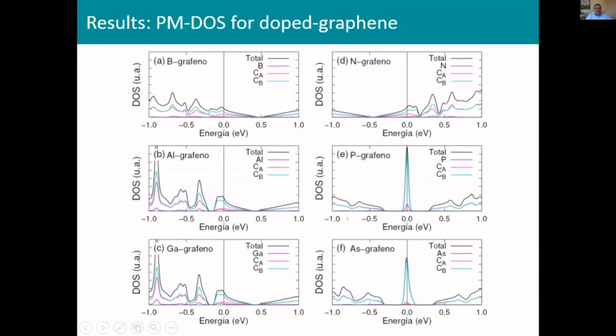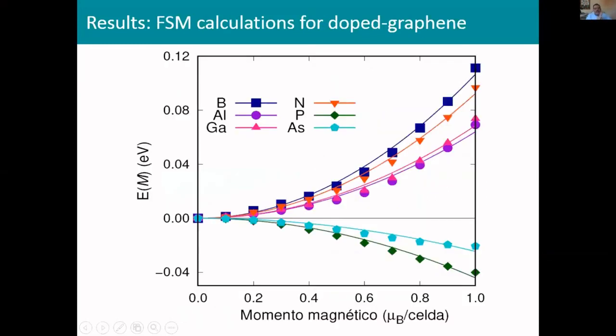From the point of view of the Stoner model, these 2 systems are expected to be magnetic, because remember that if the density of states at the Fermi level is high, we can induce magnetism in this system.